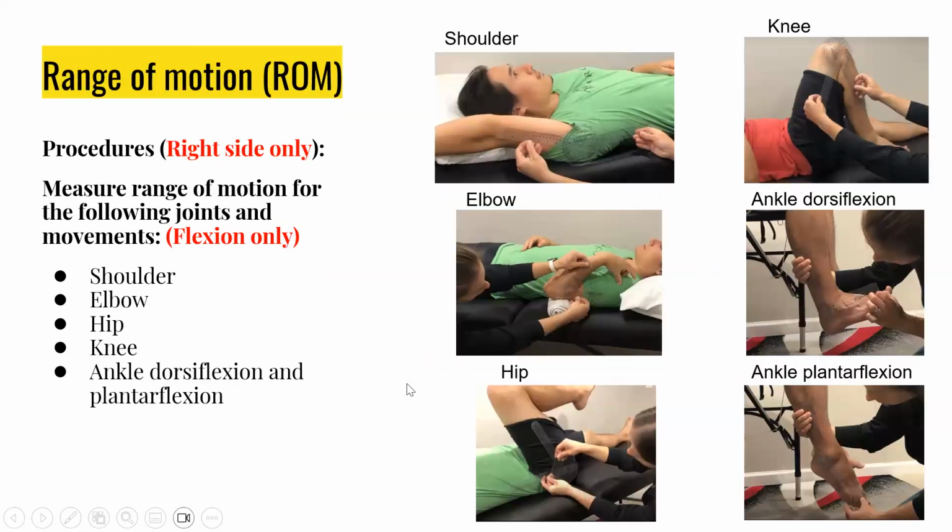So I have detailed instructions in your lab manual. Please take a look at them so you know exactly where to place the fulcrum, the axis of rotation, where you place the stationary arm, and where you place the movement arm, where you'll be able to record the measurements.